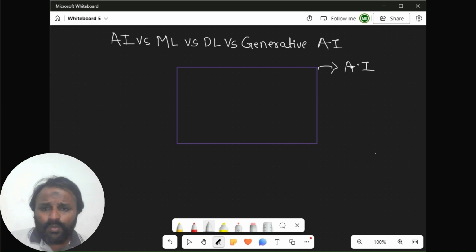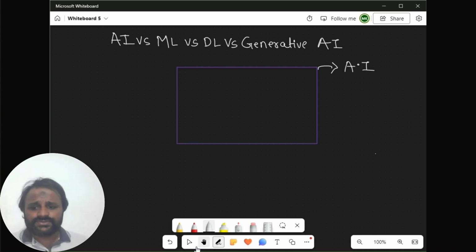Now, what do we mean by AI in a simple way? How can we remember what the aim of AI is? I can write it down so that you get a better understanding.